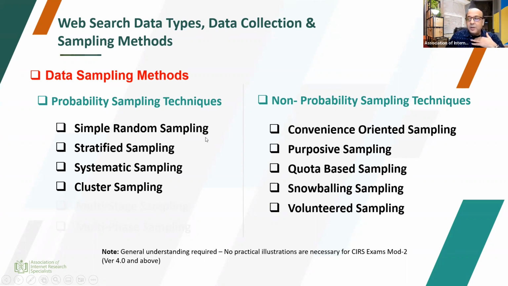Like in simple random sampling, there could be a few more ways in which you can run these methods. Stratified, again, you can do in different ways. Most of the sampling techniques that we will deal with will give you enough idea to get a sense of what other types of sampling you may require, or you can be very creative about bringing those sample sizes.